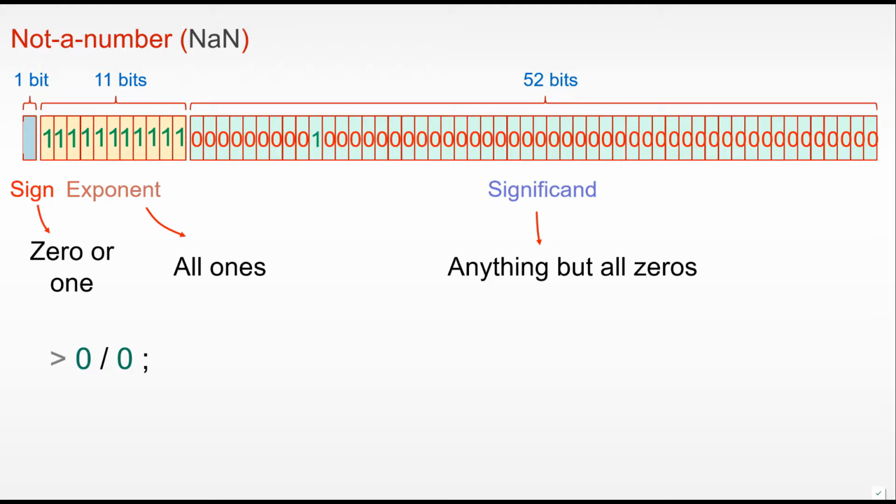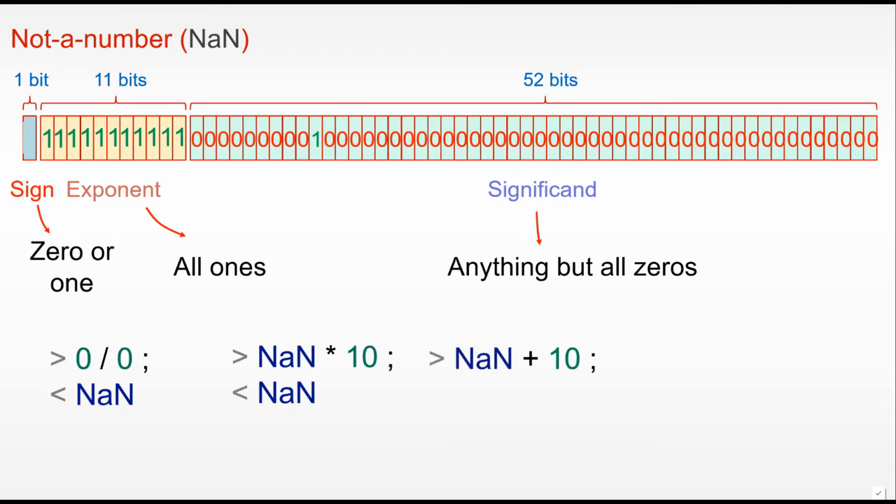So let us view a few examples of not a number. For example, dividing 0 by 0 gives us not a number. Multiplying anything to a not a number gives us not a number. Adding, subtracting would lead back to the result of not a number. And even taking this to an extreme, not a number is in fact not equal to itself.